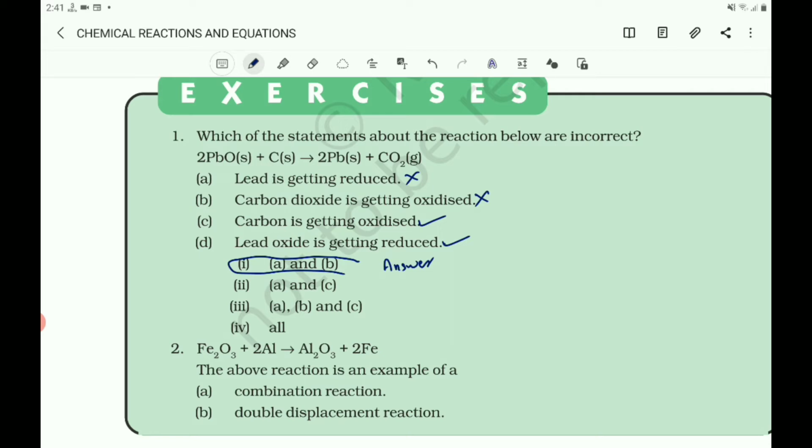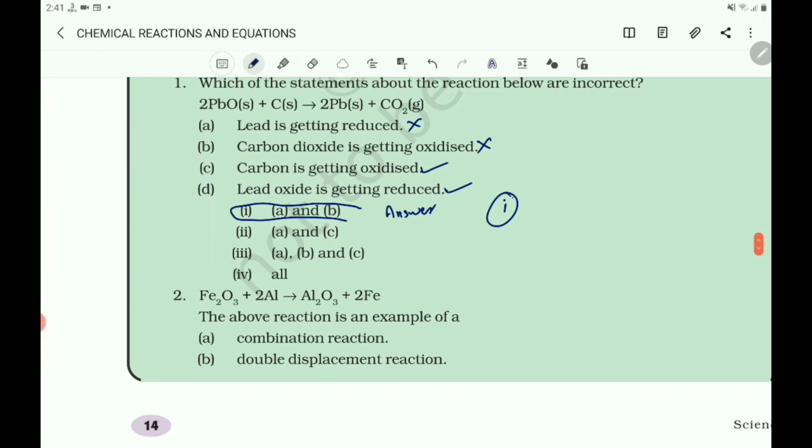Carbon dioxide is getting oxidized is a wrong statement. Here actually carbon is oxidized and lead oxide is reduced. So the answer is option A, that is A and B.